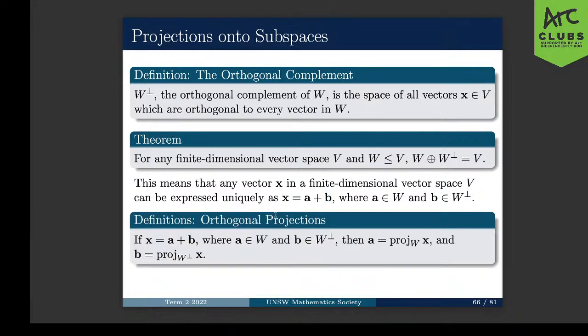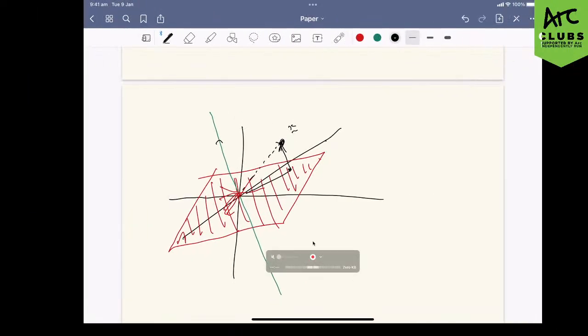And here's where the definition of projections onto subspaces comes in. If we uniquely represent x as a sum of a vector in W and another from its orthogonal complement, then a is the projection of x onto the subspace W, and b is the projection of x onto the orthogonal complement of W. The intuitive way of thinking about this: let's say the red one is W and the green one is W perp.